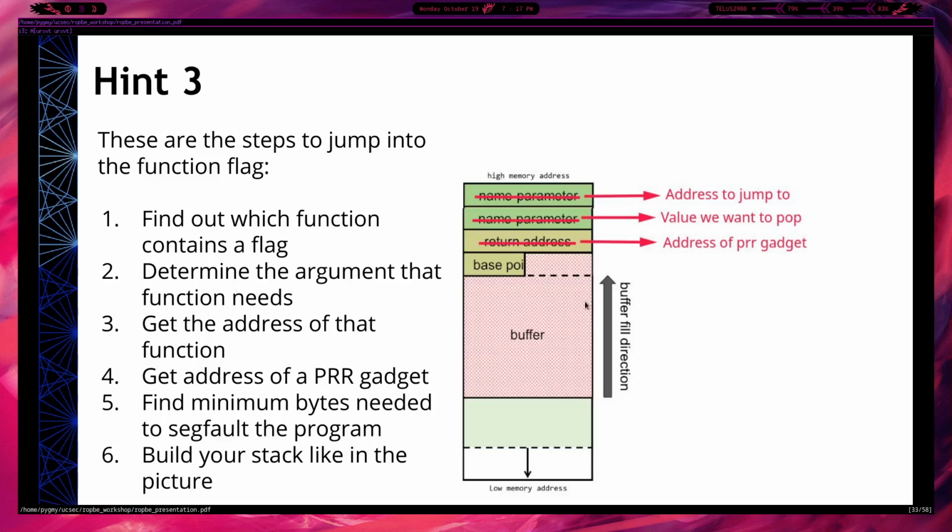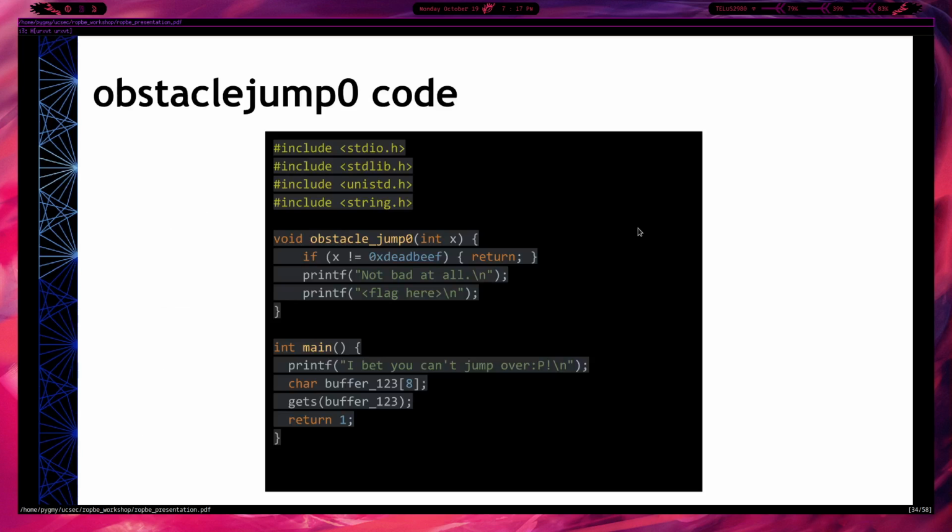Here's the drawing of the stack. This is the high level: buffer, address to the gadget, value you want to pop, and an address to jump to. This is the obstacle jump 0 code. Here we're comparing 0xdeadbeef to the argument x.